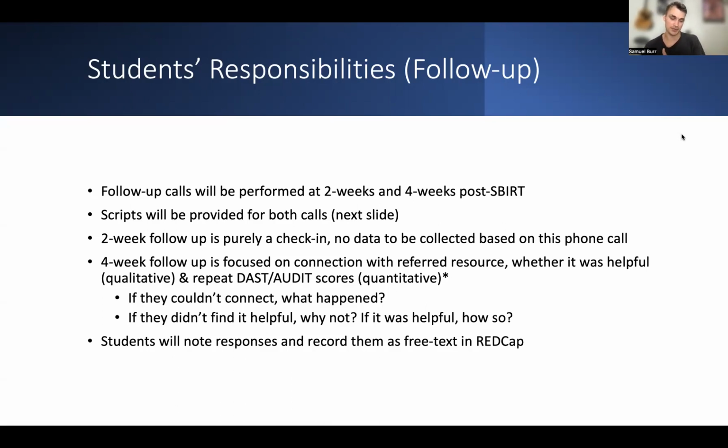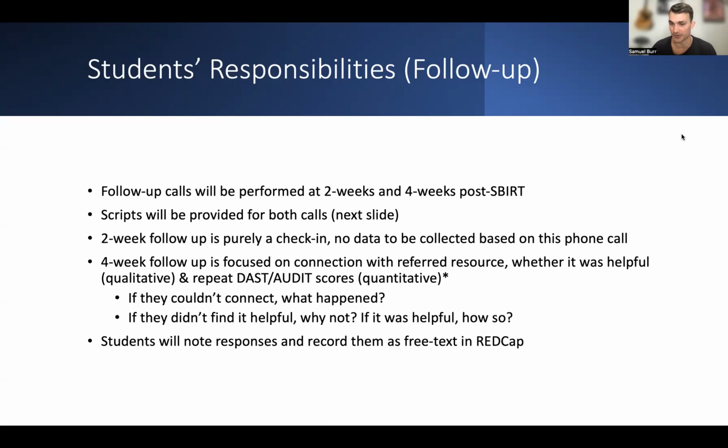Students will then engage in a prescribed script that defers that question to the project team, which will include providers who can follow up and answer that question more effectively and legally, as they are licensed to answer that question. But otherwise, it's a check-in for both the student and patient to have that somewhat longitudinal relationship.